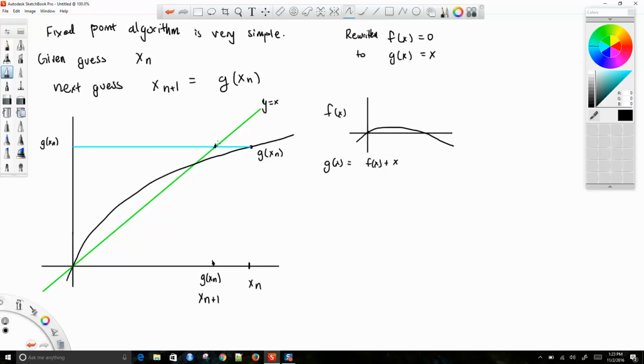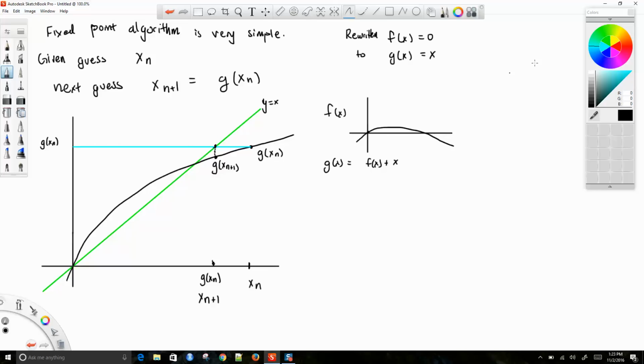If I plug this in and say this is my new x sub n plus 1, then this value here is g of x of n plus 1.